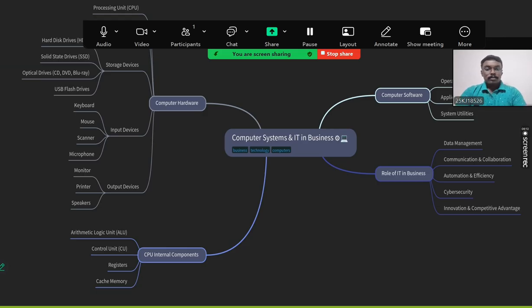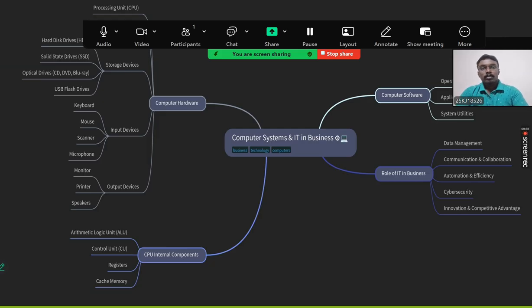The next thing is about software. A computer has mainly three types of software: operating software, application software and utility software. For operating software, there are mainly Mac, Windows, Linux. These softwares make the base of the computer.